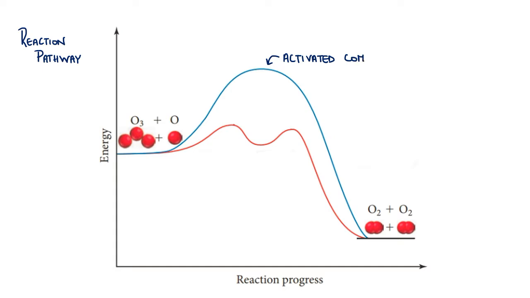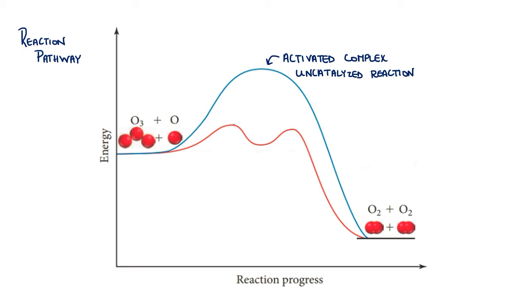There's one step to this reaction, one activated complex, so this requires the input of a lot of energy. This reaction would happen very slowly because it would take a long time for enough particles to get enough energy to actually create a reaction.